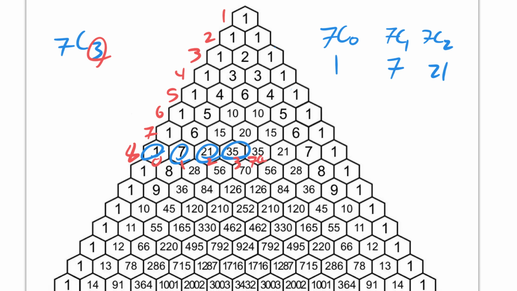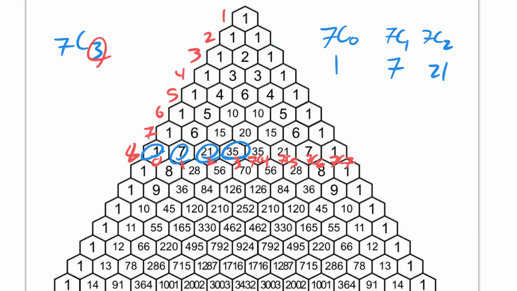And we could try 7C4, 7C5, 7C6, and 7C7. We can try those on our calculator. 7C4, yeah, it's 35. 7C5, yep, that's going to be 21. 7C6, that's 7. And 7C7, yep, that's 1.